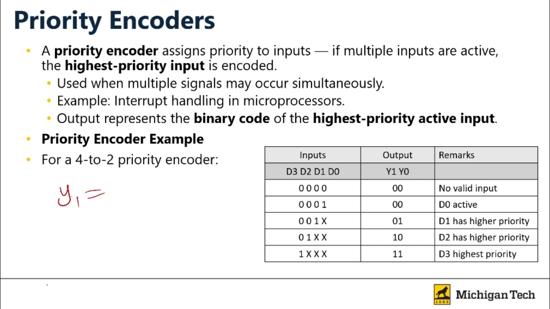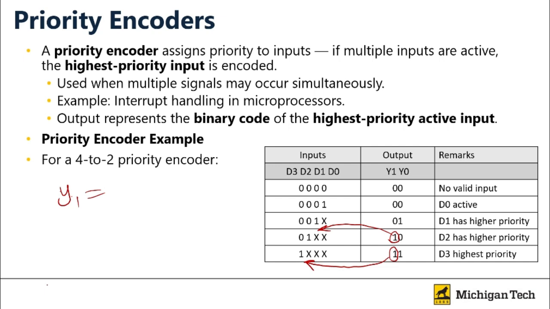For Y1, similar to the decoder, we're going to check where the output is on in these two cases. And then for each one, go to the inputs that make that 1. For the decoder, we didn't have these x's. We just had 0, and we could directly write, for example, D2 plus D3.